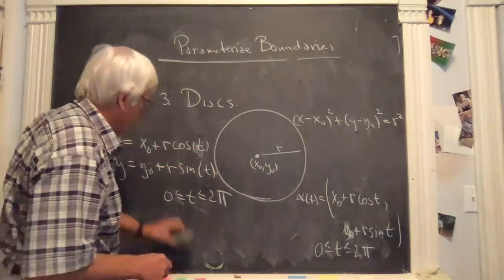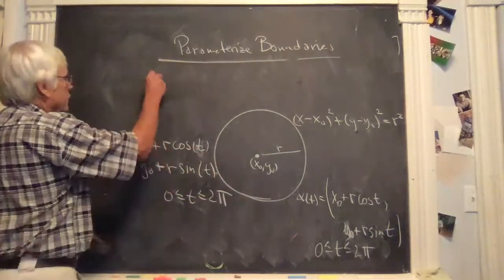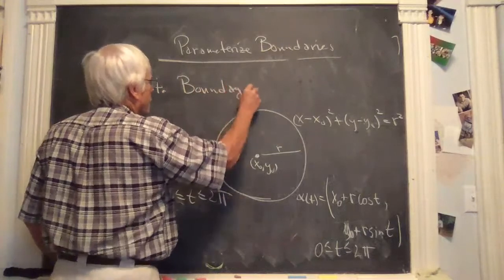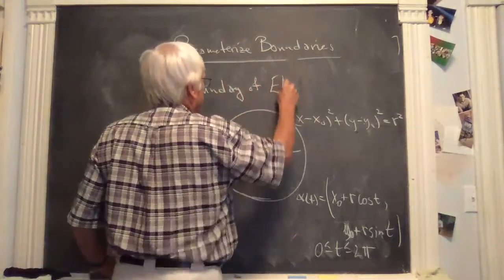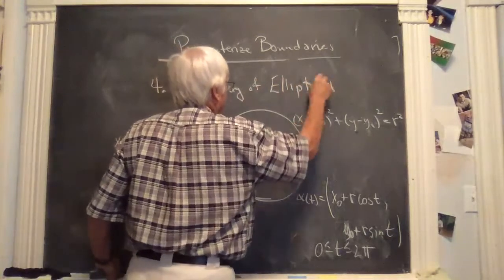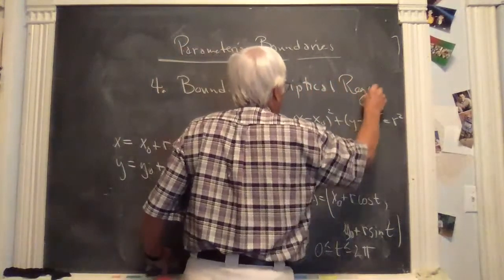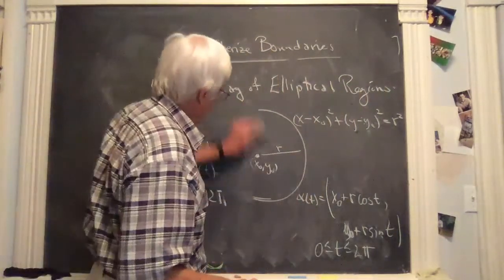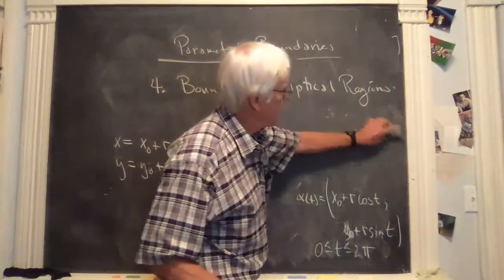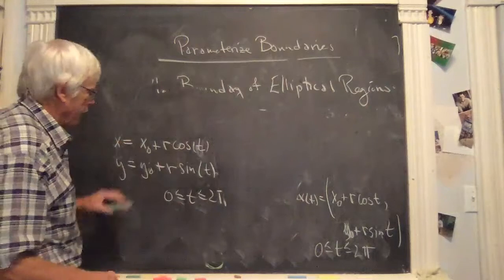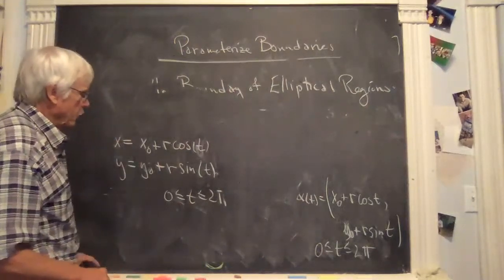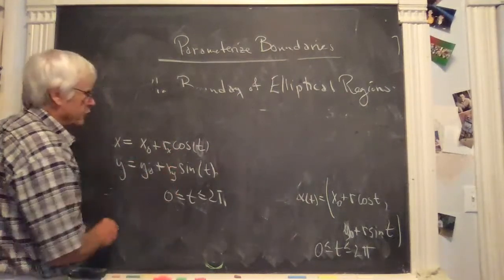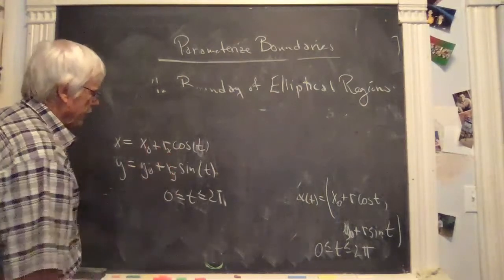And the fourth one that we'll look at is similar, the boundary of elliptical regions. And in this case, an elliptical region is the same as a disk, except it has an x radius and a y radius, and they differ. So you have two radii, an x radius and a y radius, and these might be the same or they might differ.